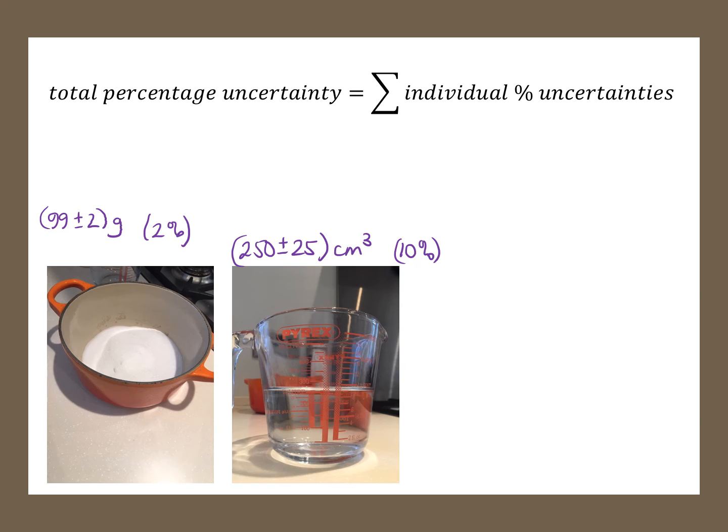So if we wish to calculate the total percentage uncertainty, we can use the sum of those individual uncertainties because we've used those two measurements together to make a different calculation. So the total percentage uncertainty here is the 10 plus the 2% is a 12% uncertainty.